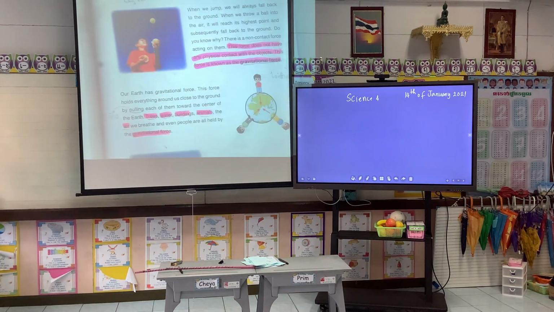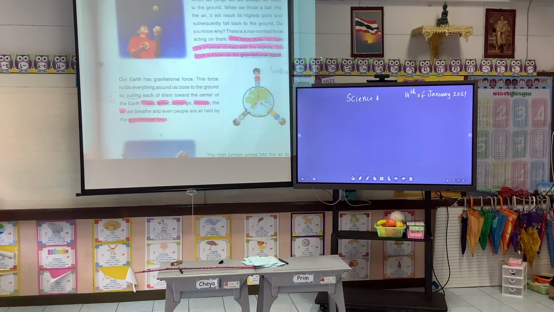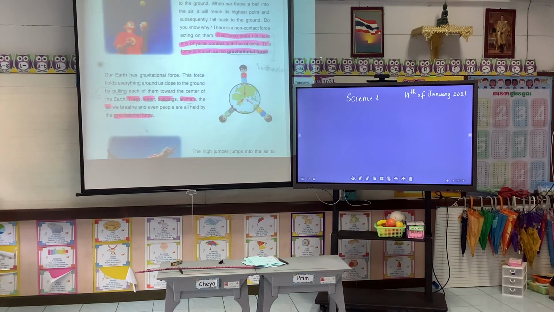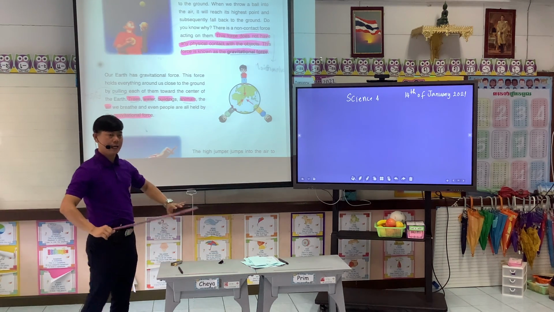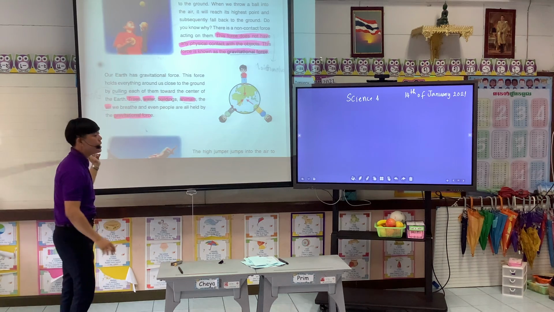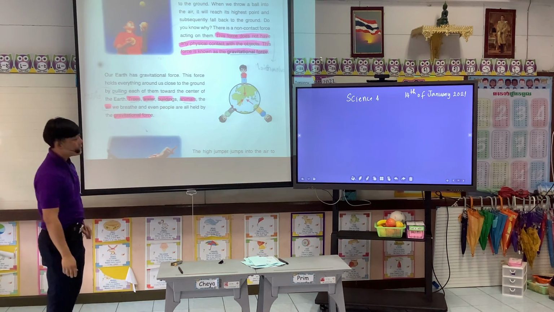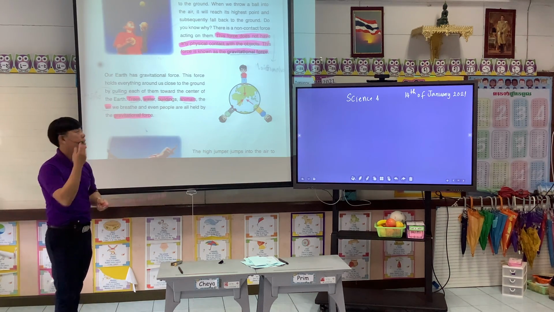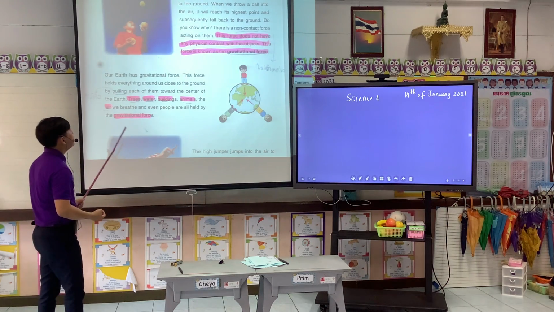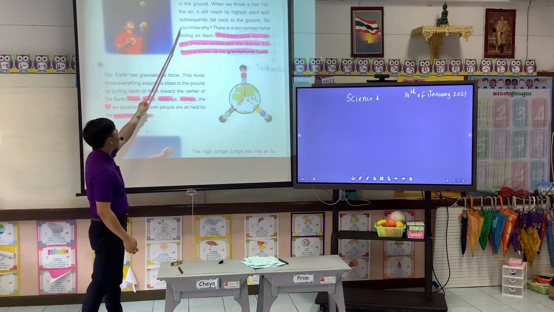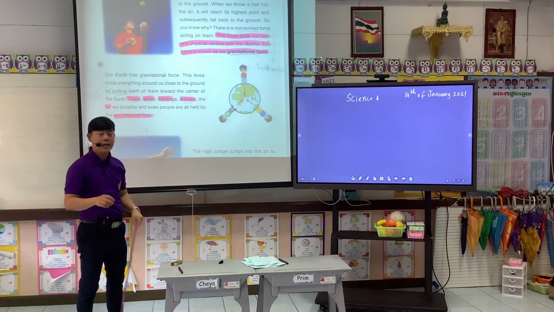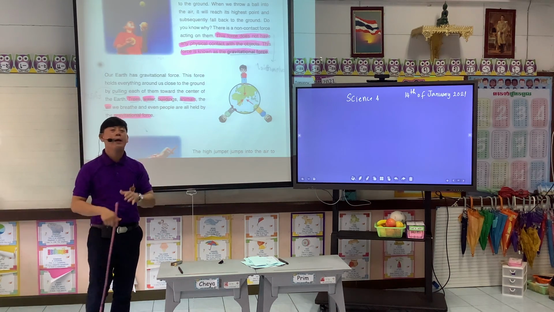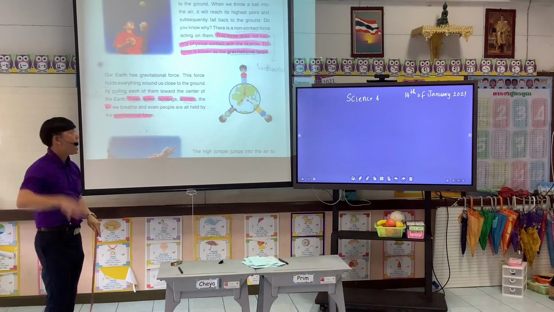Okay, so this one, we have an explanation about the gravitational force. Look at the little boy. What is he doing? He is playing with a tennis ball. When we jump, we will always fall back to the ground.